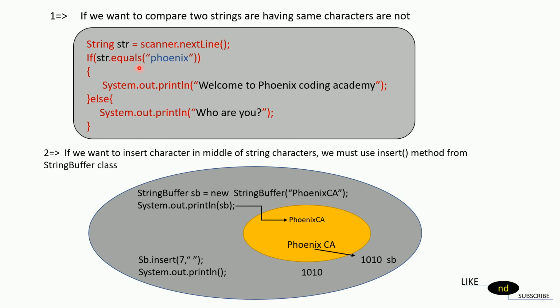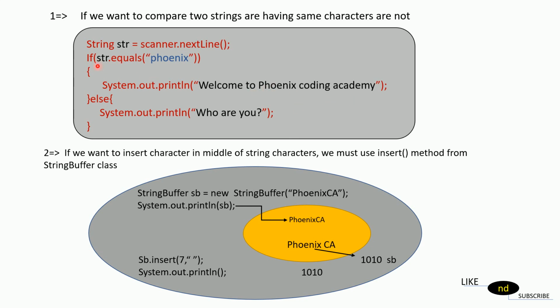Remember this, the equals method's return type is always boolean, right? We will check whether the string variable's characters and the characters we are passing inside the equals method are the same or not. If the equals method returns true, meaning this variable and what we are passing as an argument are the same, then it will execute these lines: Welcome to Phoenix Coding Academy.